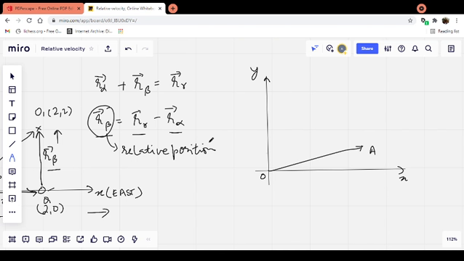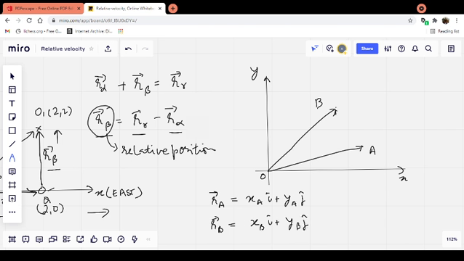This is our absolute frame of reference. So this we will discuss later, what is an absolute frame of reference. Usually it is one which is stationary. So I have taken 2 points A and B in space. The position of vector A, let us say I am representing it with the RA, it is some XA I cap plus YA J cap. Similarly, I can write the position of vector B as RB vector, it is some XB I cap plus YB J cap.